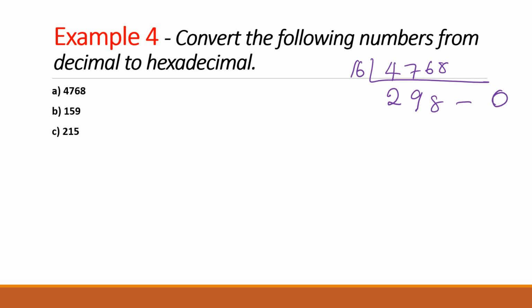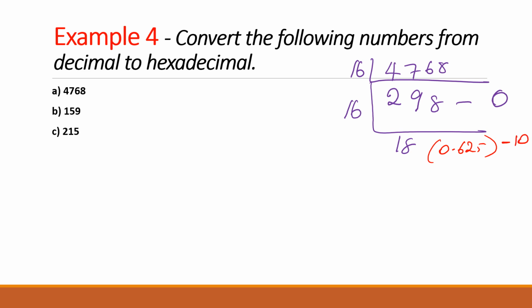Now you can divide this by 16 again. So when you divide this by 16, you have 18 and you have a remainder here. Now see what I'm going to do. You have 0.625. Am I right? So this 0.625, you are not going to put it as a decimal. You need to make it into a remaining number, isn't it? So if you times 0.625 by 16, that means 10, remaining 10.